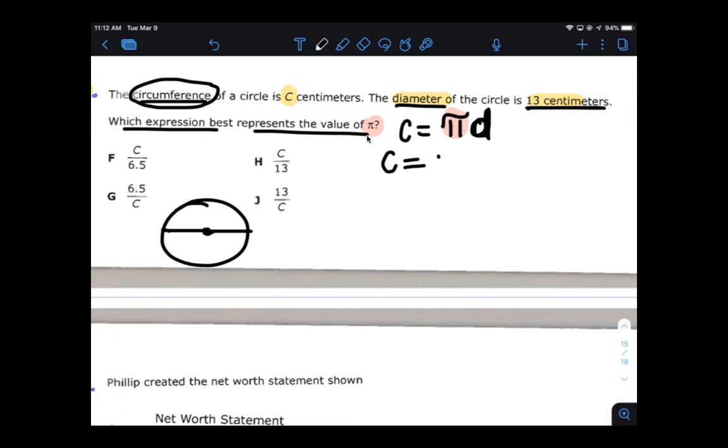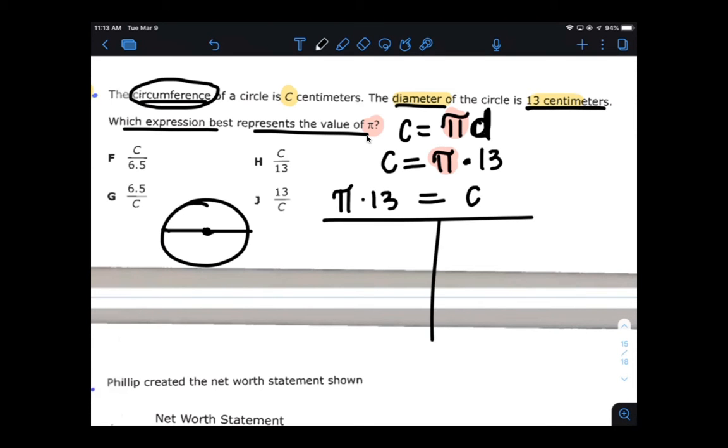C equals pi times 13, right? Then again, I remember, okay, they're asking me for an expression to find pi, isolating pi. So I'm going to put pi times 13 on this side, and I'm going to put circumference on that side. Now, if I do my t-chart, I want to isolate pi.